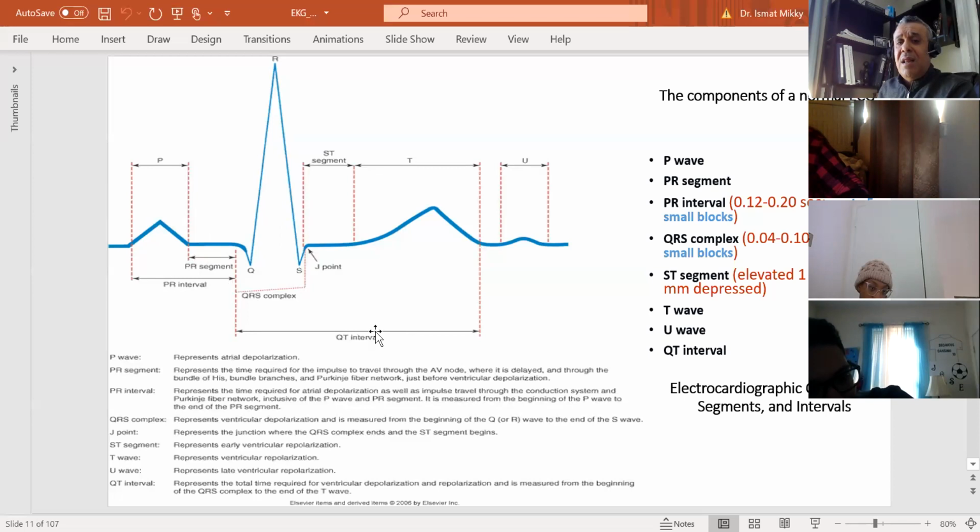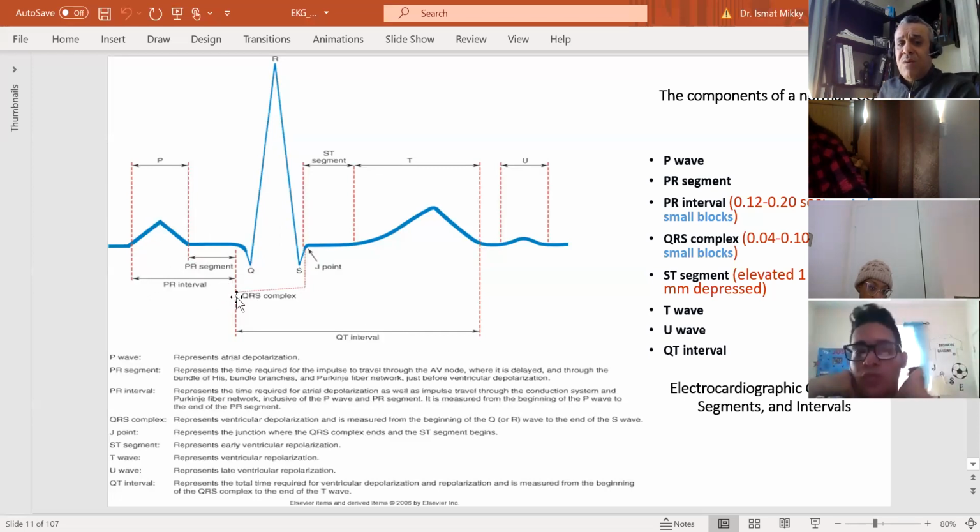Let's just focus on two main components. The first one is the PR interval, and the other one is the QRS complex.